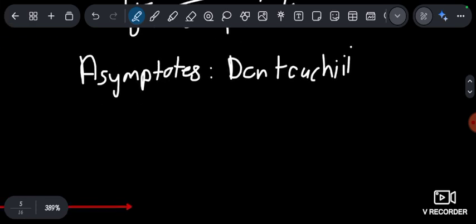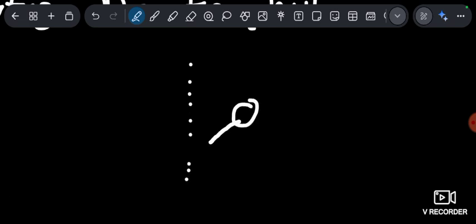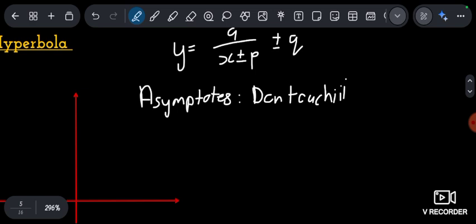It can come close to the asymptote, but it cannot touch it. Let's say, for example, you have the asymptote over here, and this is the graph. You can only come close to the asymptote like this, but you cannot touch it. That's what I mean when I say don't touch it. Same as the graph, it will come close to the asymptote, but it will not touch it.